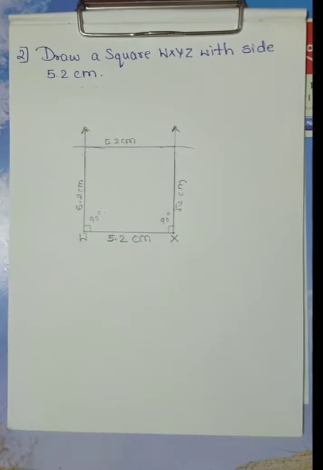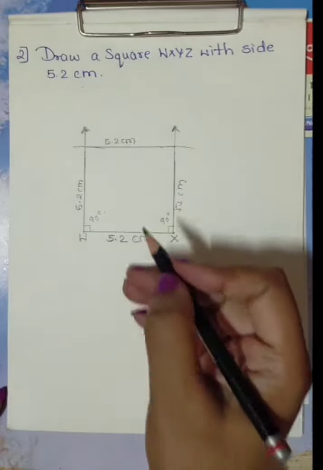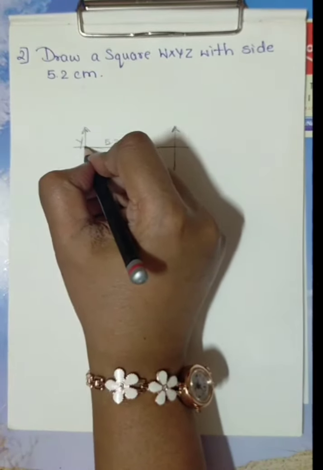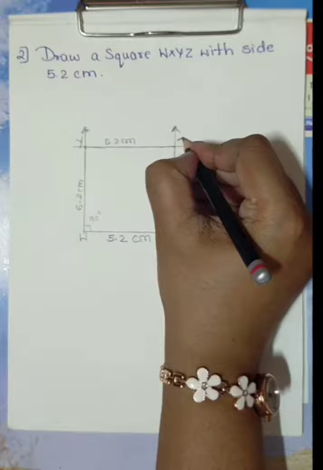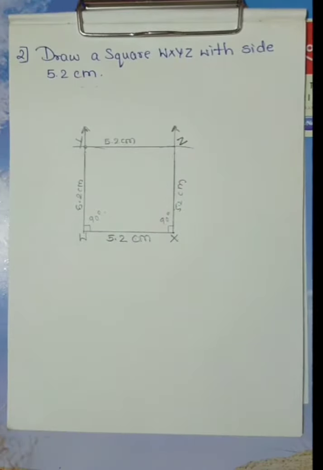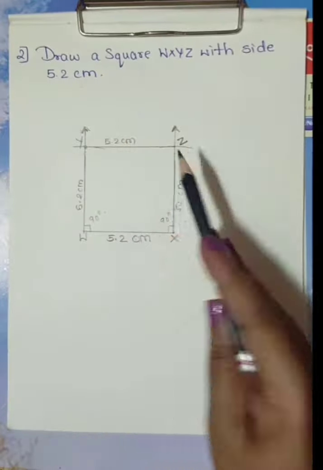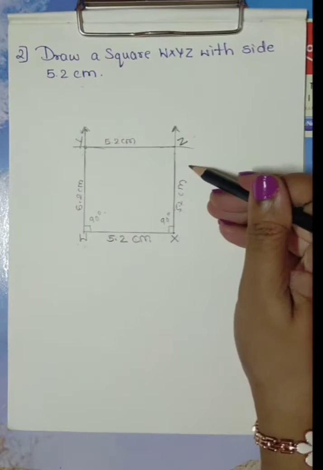Okay, all sides are congruent. Okay, I hope you understood question number 2. Now this point is Y and this point is Z. So we have drawn square of WXYZ with 5.2 centimeter.